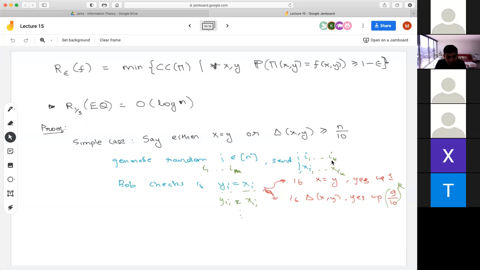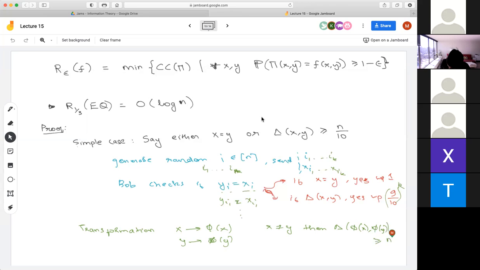Okay. Now, of course, we want to compute equality for all x and y, not just this special case. So let's say we want a transformation such that we map x to phi of x and y to phi of y, such that if x is not equal to y, then phi of x and phi of y are very far.